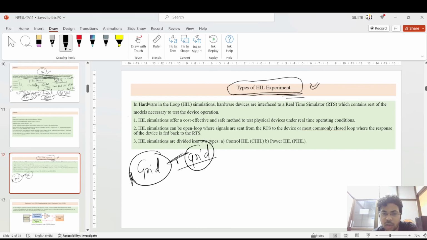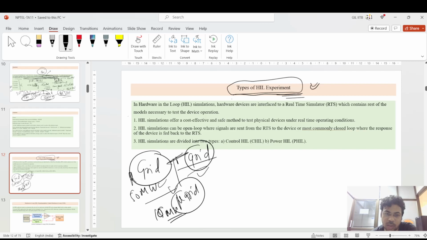Suppose there is one microgrid and another grid, and you have a generating plant, and other plants, other microgrids, so each system is connected. These are high power level devices, generating sources of 50 megawatt, 50 kilowatt, and 10 megawatt. This kind of generating system is there in the actual grid scenario.